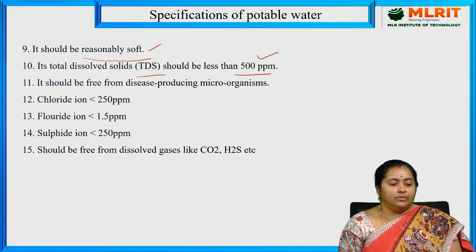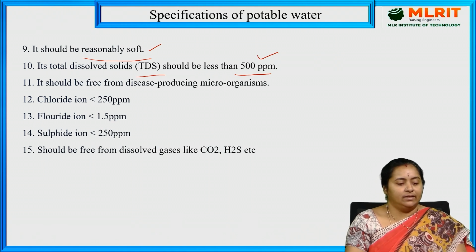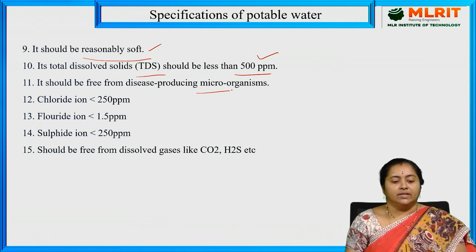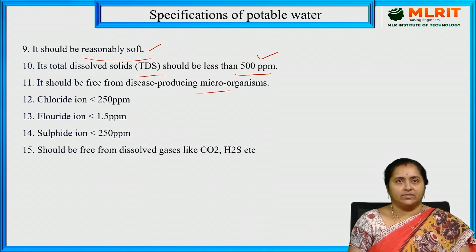It should be free from disease producing microorganisms. That means no pathogenic organisms, such as bacteria, fungi, and algae, should be present, because they are able to show adverse effects on living things.